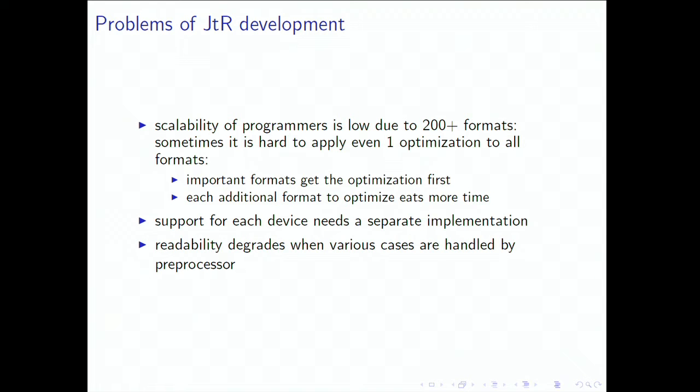The development of such formats causes certain problems because when there is an optimization, it must be applied to all the formats, and certain optimizations are hard to apply to certain formats when there are no common bases in the code. That's why first we optimize the more important formats, and certain formats remain unoptimized. Also, support for every device on which John works requires a separate format.